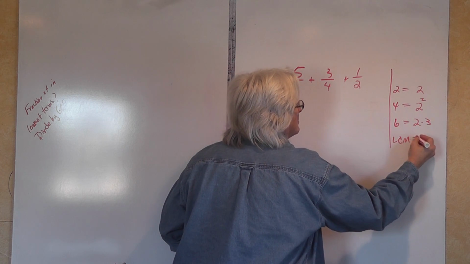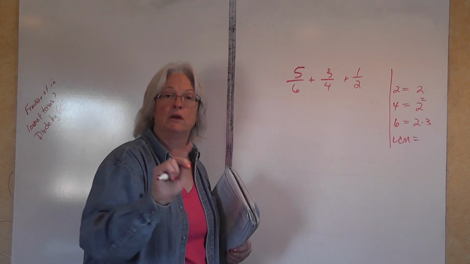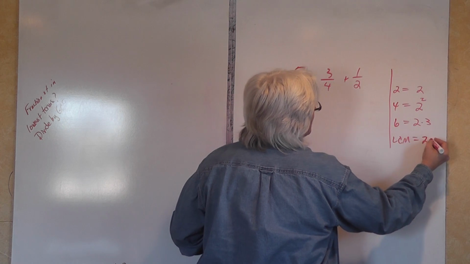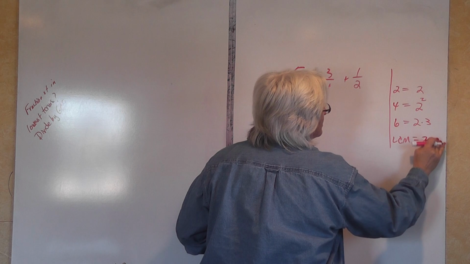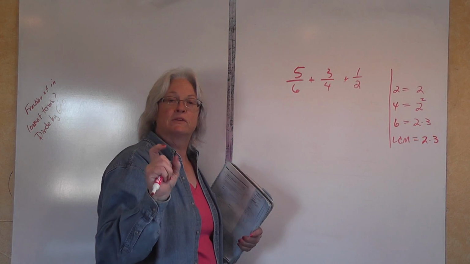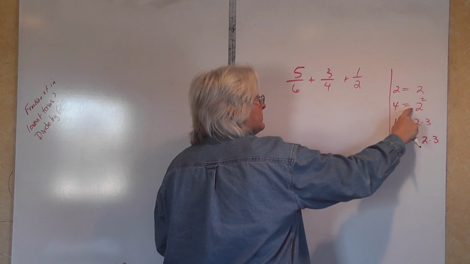What is our least common multiple? Our least common multiple is every unique prime factor. We have a prime factor of 2 times a prime factor of 3. We have to use each prime factor the greatest number of times it appears anywhere.